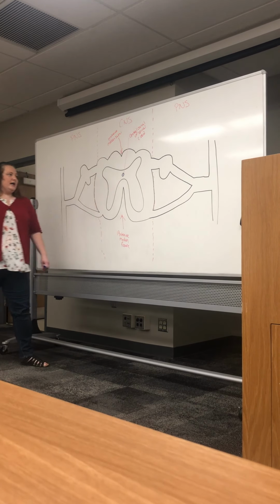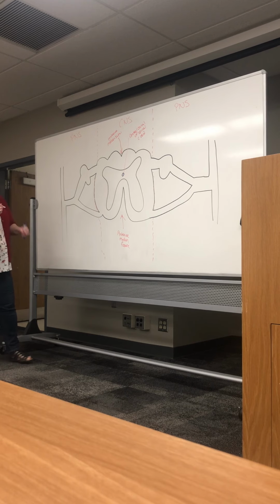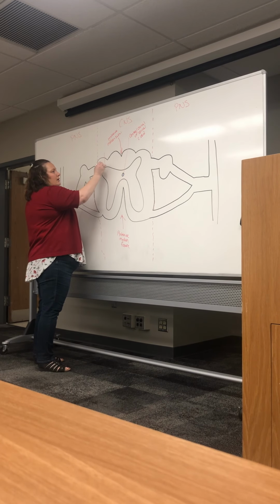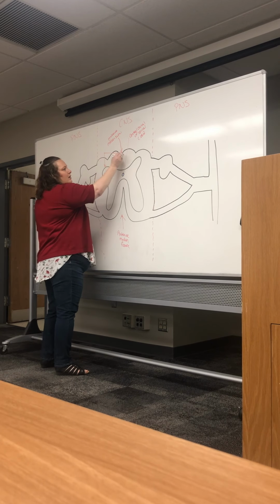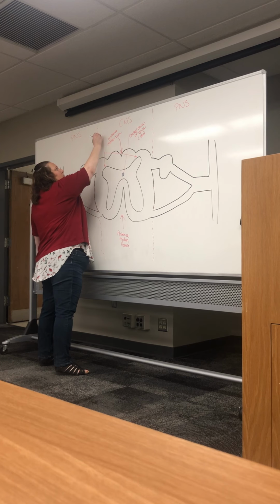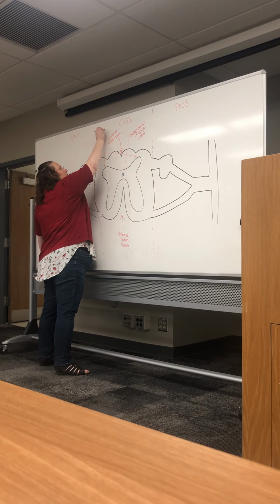So now we know which side is which, so we can start labeling our horns. Now we know that this is going to be as well as this. These are the posterior or dorsal horns.